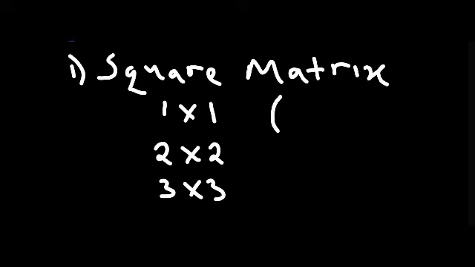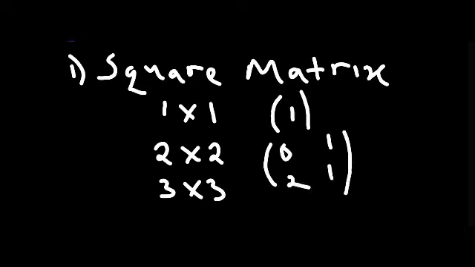So if it's a 1 by 1 matrix, it will be like that. If it's a 2 by 2 matrix, it will be something like that. So it can be a 1 by 1, a 2 by 2, a 3 by 3, or a 4 by 4. But the most important thing that you have to take note of is that it will have the same number of rows and columns.